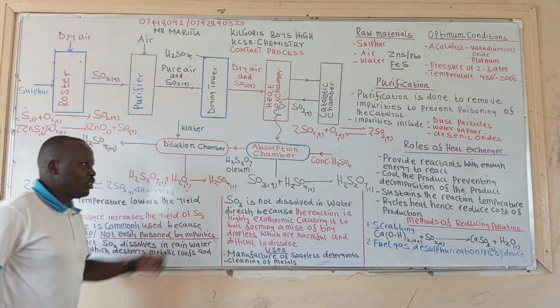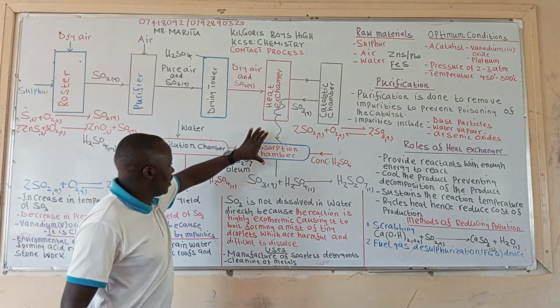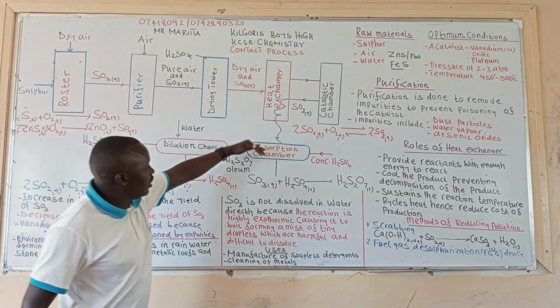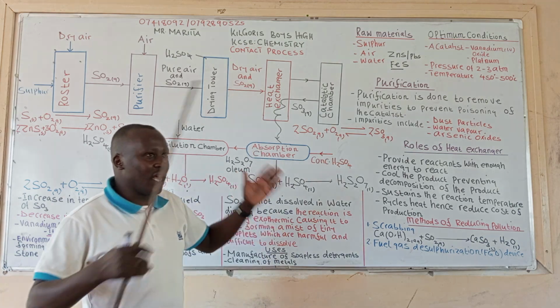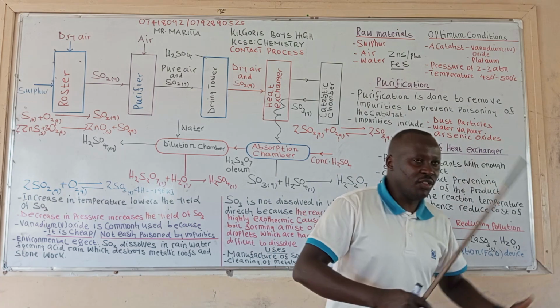So in some situations you will be required to explain how the sulfuric acid is formed, how this reaction takes place, and how sulfur 6 oxide is converted to sulfuric acid.